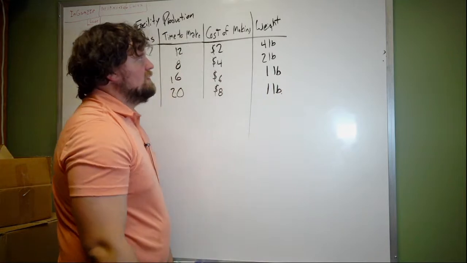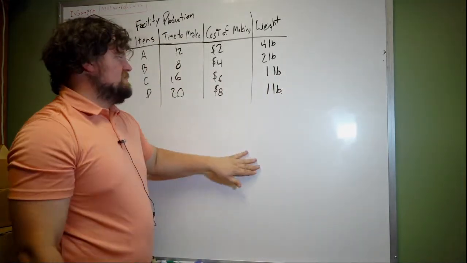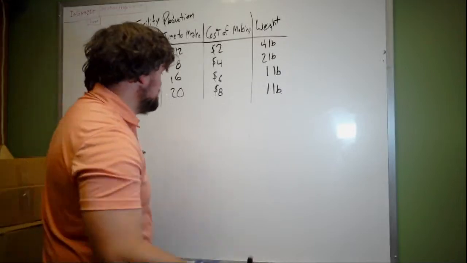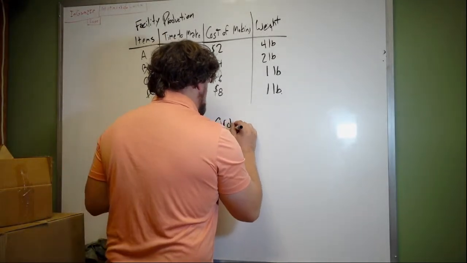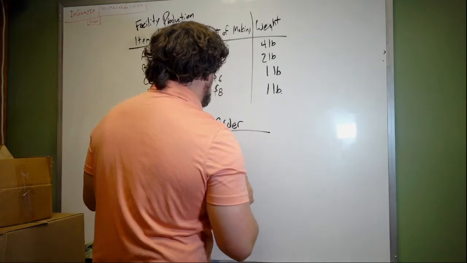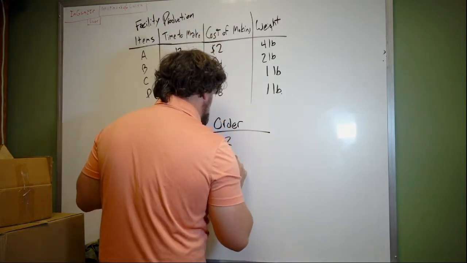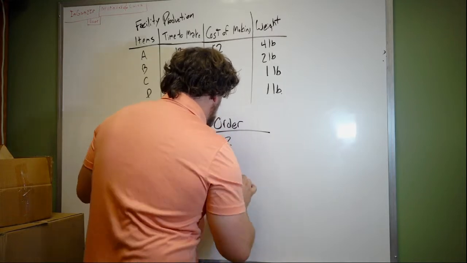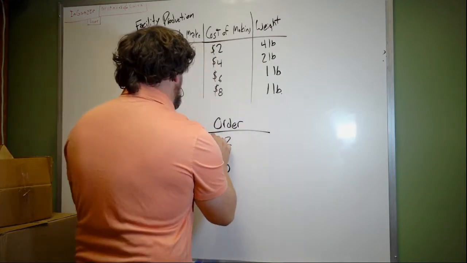Okay, so here's what we have. These are the 4 items that our facility can produce. Now we get an order in, and the order is, I want 12 item A, I want 4 item B, 0 C, and 2 item D.